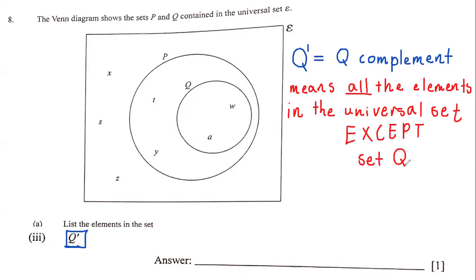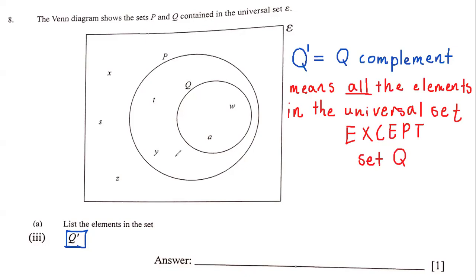So go ahead, Alea, read the definition for Q complement. Q complement means all the elements in the universal set except set Q. Very good. Aiden Deal, go ahead and read the definition.